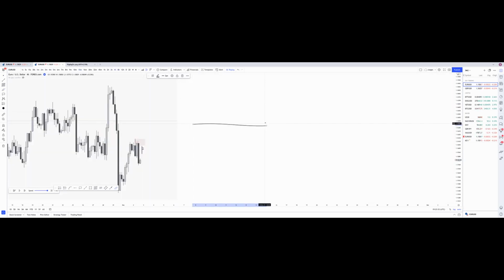You just used the fib tool with the 30 and 70, and you measured the higher time frame structure. What does it help you see, or why do you do that? Mainly it's so your highest probability trades, say in this leg of price, or in this leg, this is a great example. Your highest probability trades are always going to be in the top part and in this bottom part.